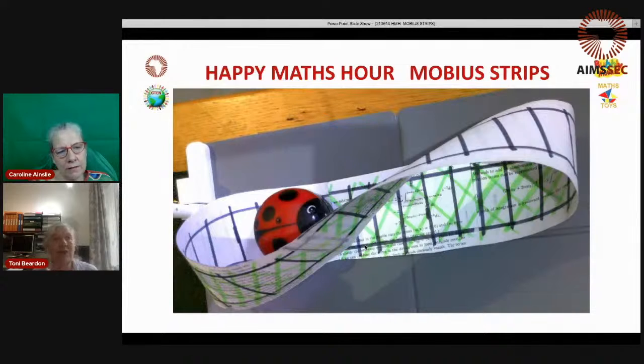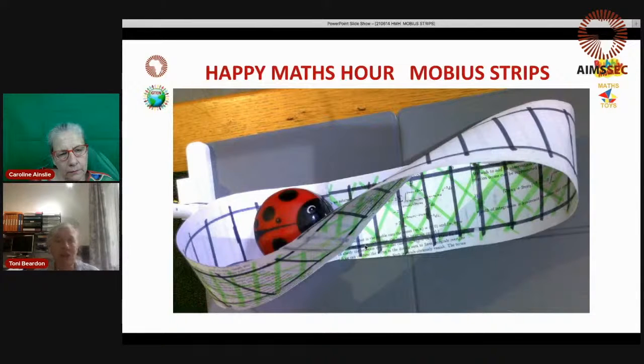And so if you ran your finger around the edge, you would stay on the same edge until you came back to where you started. And similarly, with the bug on the railway track, you can see there's one surface. So the twist has made quite a dramatic change in this strip.